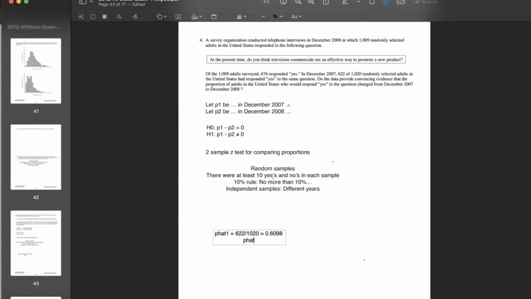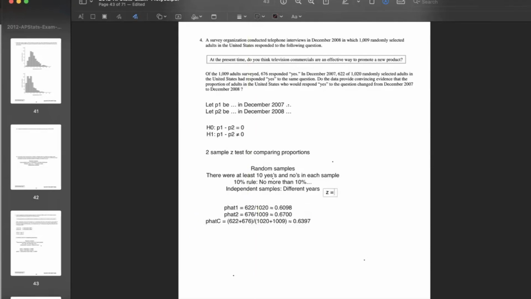And then p hat 2 is 676 divided by 1009, which is approximately 0.67. And then the combined p hat is equal to the total number of successes divided by the total sample size, and this is approximately 0.6397.